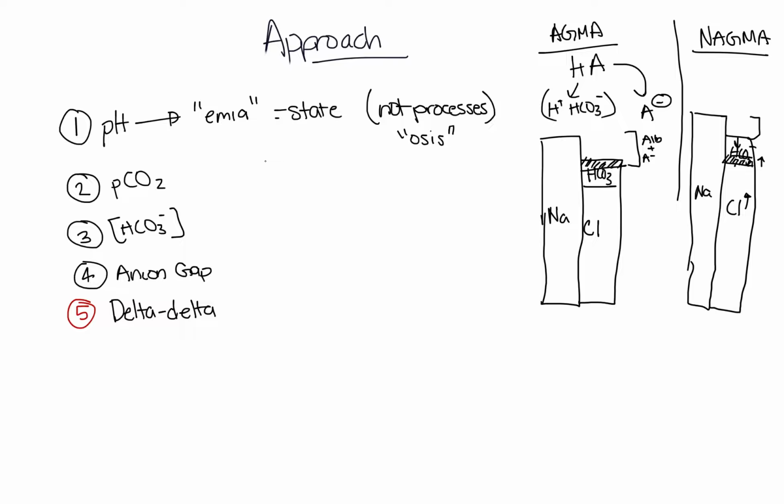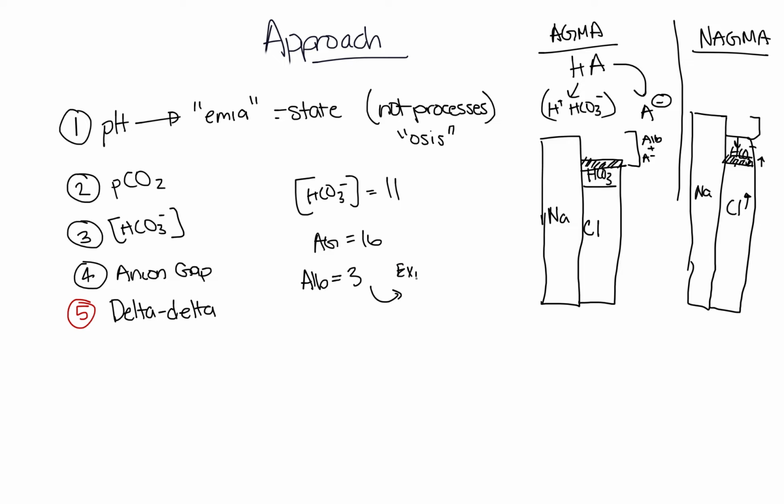So what will this look like? Let's take a patient whose bicarbonate concentration is 11, their anion gap is 16, and their albumin is 3. First, we have to calculate our expected anion gap.